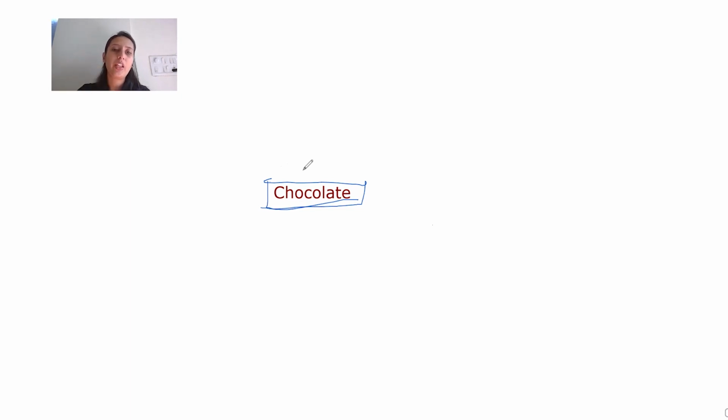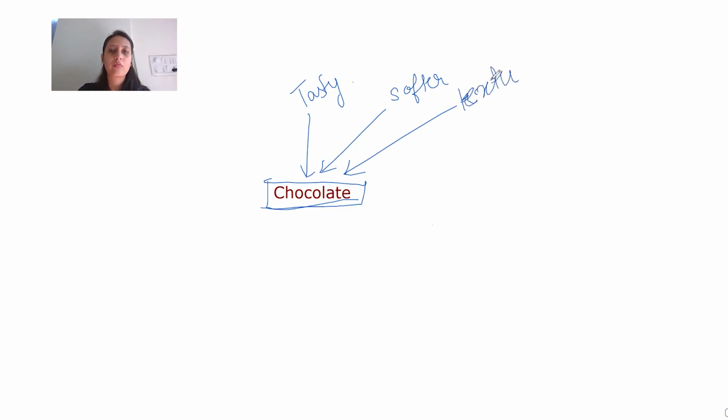Okay. So beginning with, it is tasty. Okay. It is softer to chew or consume. Okay. It has a very nice texture to it. It is associated with the color brown.